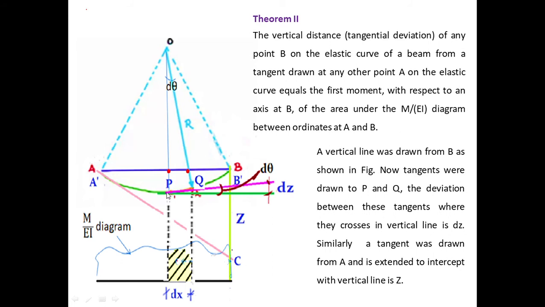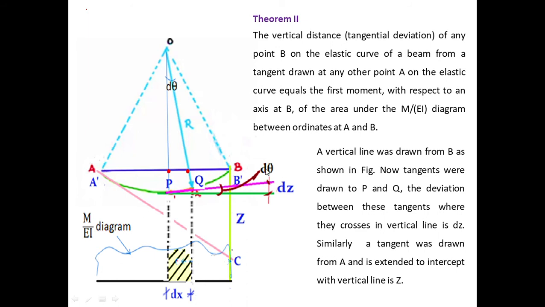From P, a tangent is drawn, that is the green line, and for this point Q on the elastic curve, we draw a tangent, that is the pink line.